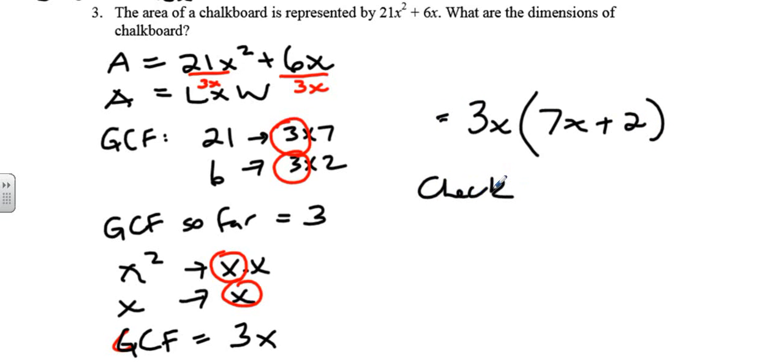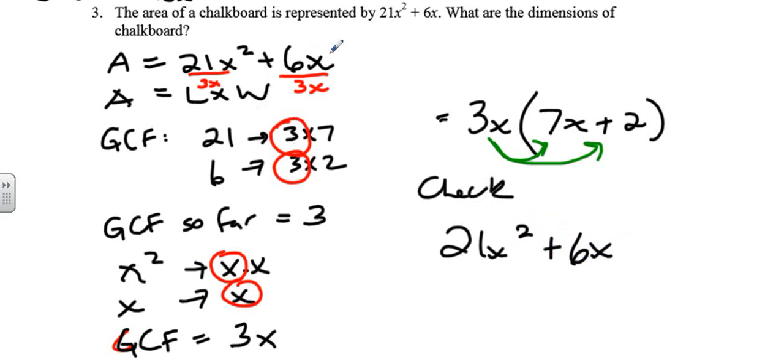I'll check this one. And let's just do our distributive law. This is 21x squared plus 6x. Is that what I started with? Check. So, how do we answer the question? What are the dimensions of the chalkboard?